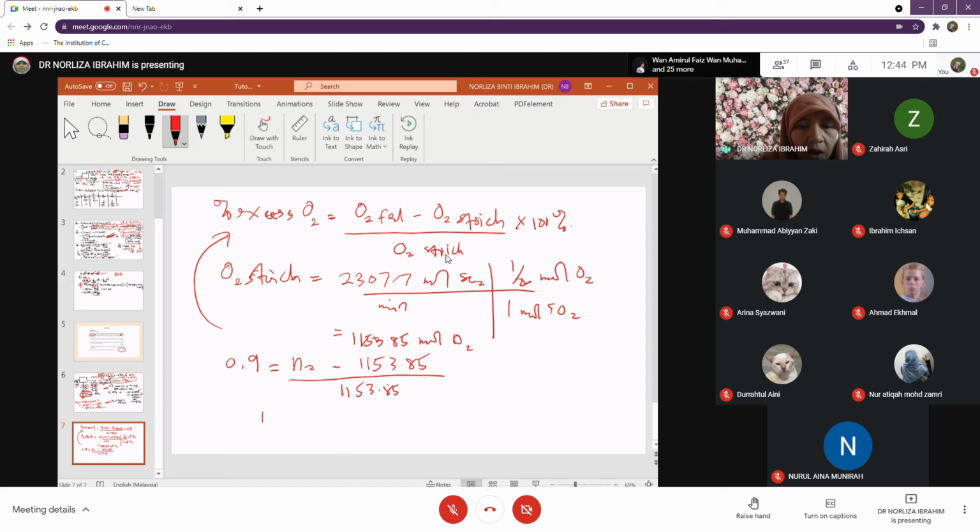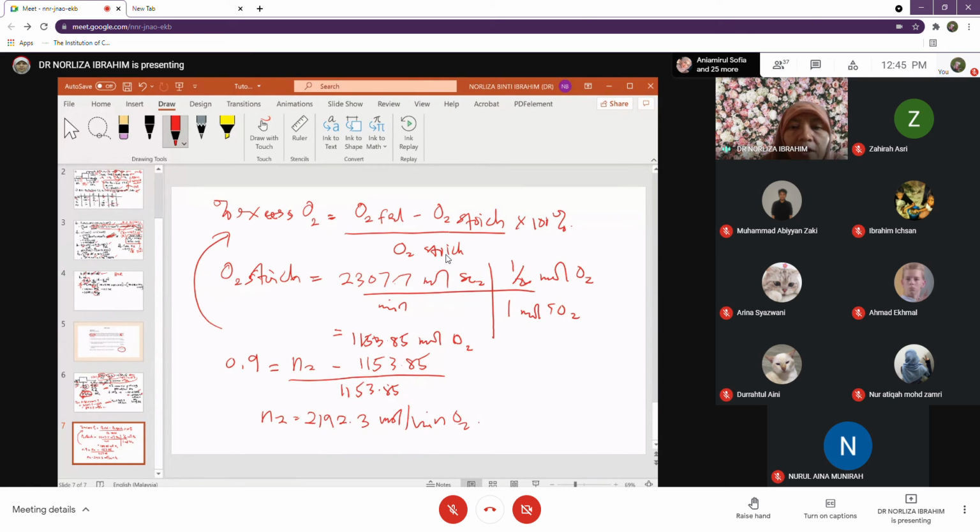So I will be able to calculate the flow rate of the oxygen in the feed with that 90% excess, plus 1153.85, which is 2192.3 mole per minute of oxygen being fed to the system.